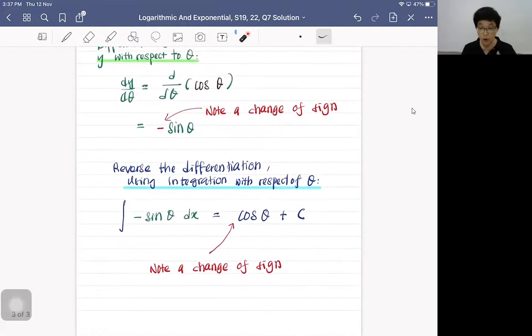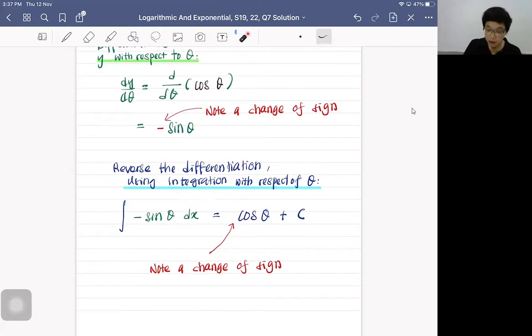Now we move on to the inverse of differentiation, which is integration. If we have to reverse the differentiation, we use integration, with respect to theta as well.